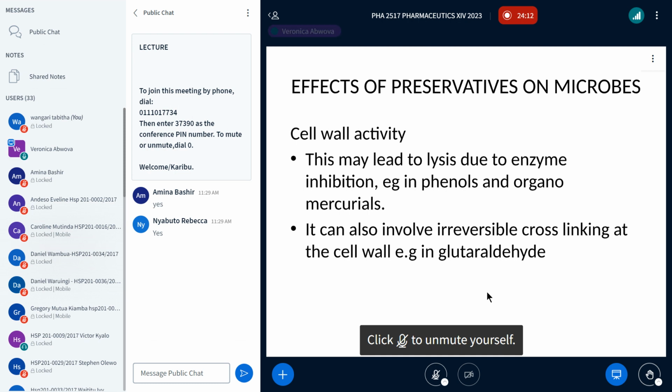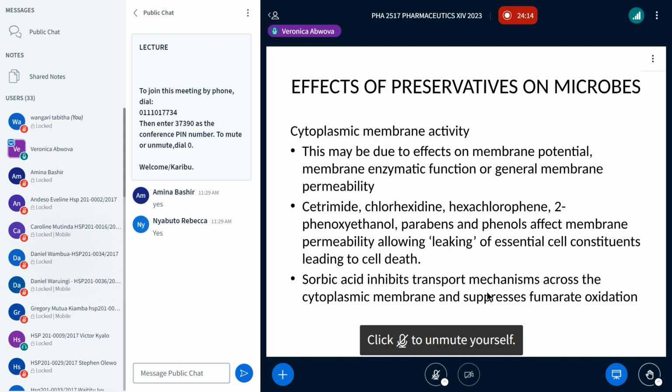Then we have cytoplasmic membrane activity. This may be due to effects on membrane potential, membrane enzymatic function, or general membrane permeability. So remember from your physiology, membrane potential is very important with regards to how the cell functions. Those membrane potentials will control opening of pores.